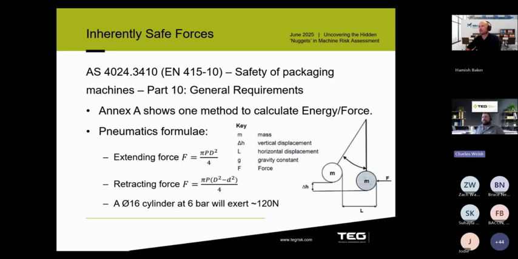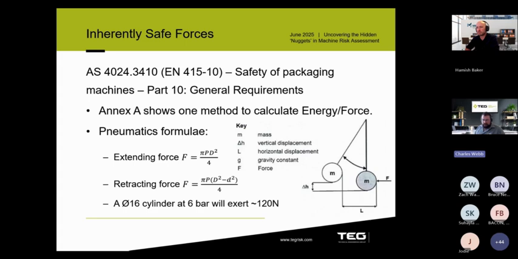Now, for example, we see it a lot, product pushers. So, for example, you see them on check weighers. Product comes along, the check weigher weighs it out the other side, and a pusher will reject it. Or perhaps a corner transfer where a pusher will push a case onto the next conveyor.